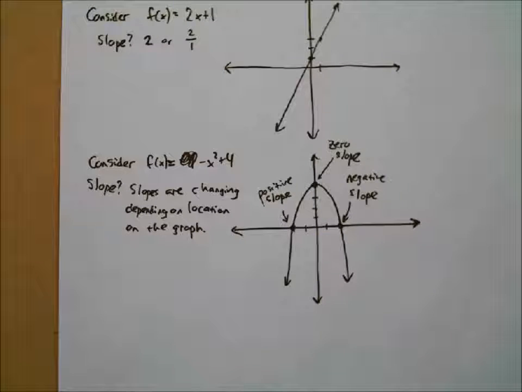What I mean by tangent slopes is, if you remember back from geometry, you talked about tangent lines. You'd have a circle, and a tangent line would intersect your circle at exactly a single point. So we're talking about tangent lines to our curve that will intersect our curve in the nearby location at exactly a single point.